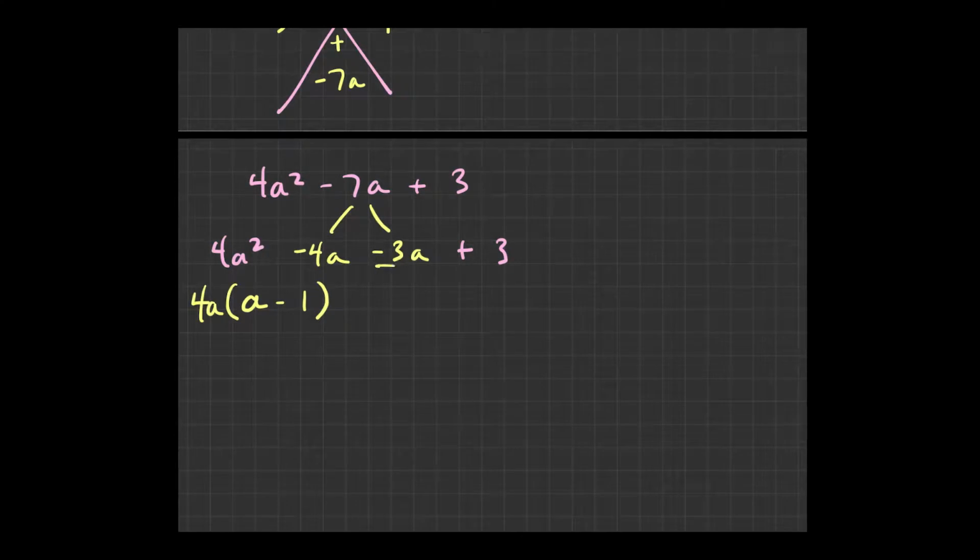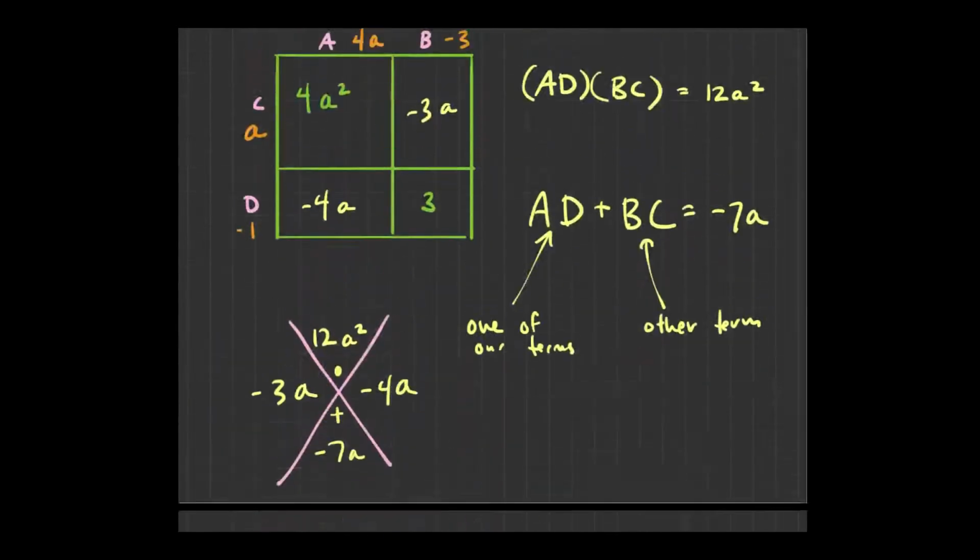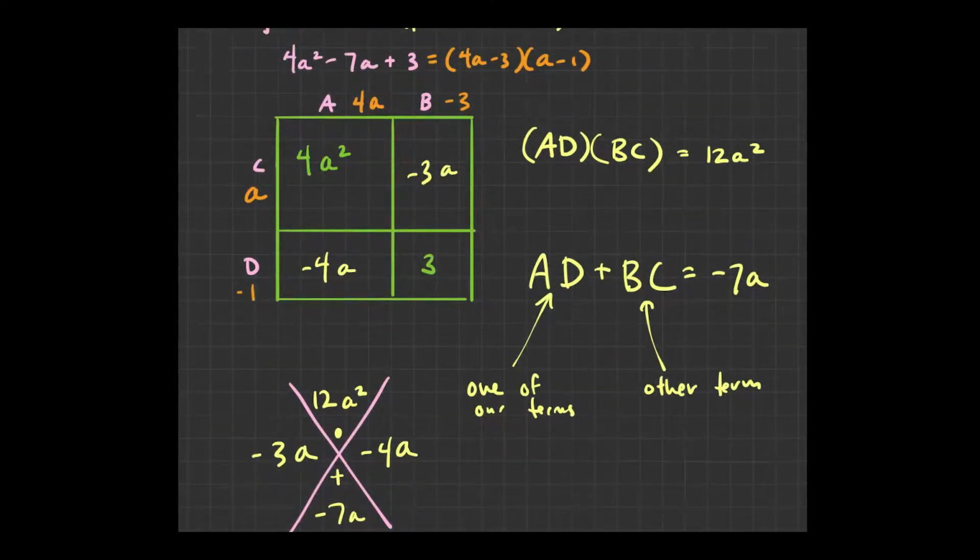This time we'll factor out a -3, and then we'll be left with a minus 1. So basically we've got an a minus 1 over here. We're just doing it in a different order when we do it algebraically, but geometrically it all adds up.